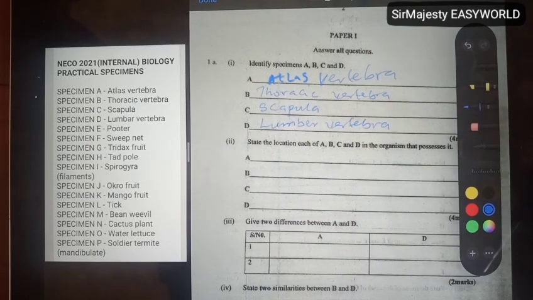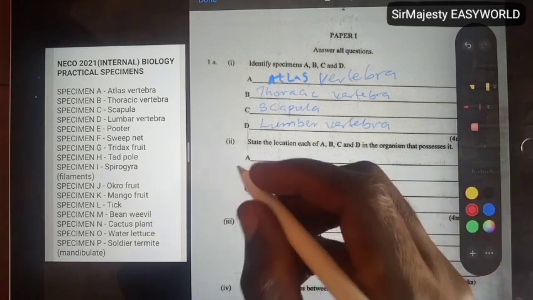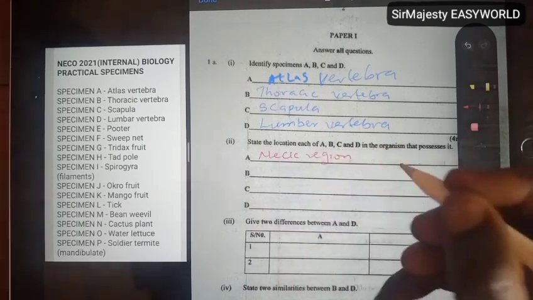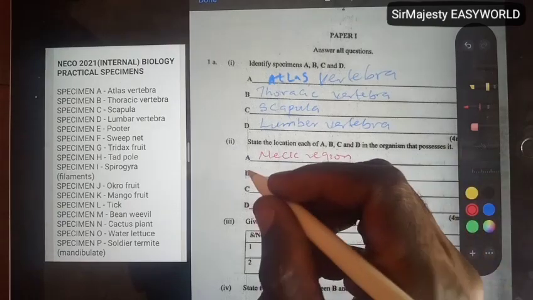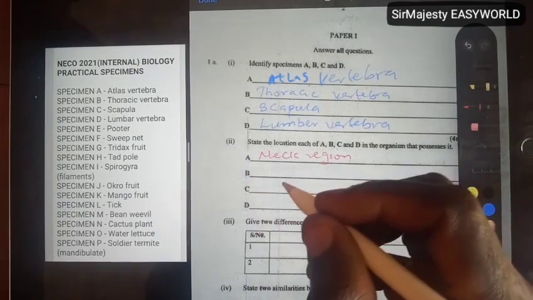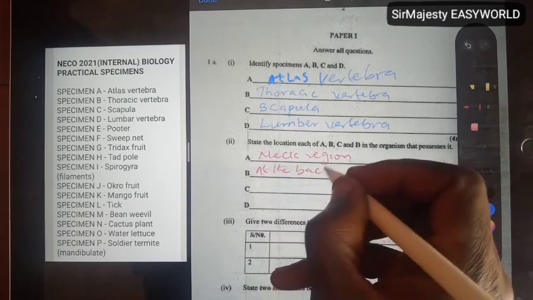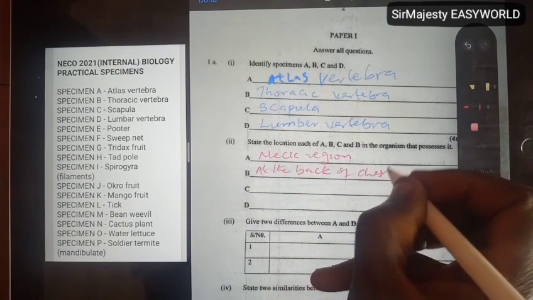Then the next question says state the location of each of A, B, C, and D in the organism that possesses it. It's very simple. The location of atlas is in the neck. Just write neck region, or in the cervical vertebra. Then B is located in the back of the chest, or you say chest region.